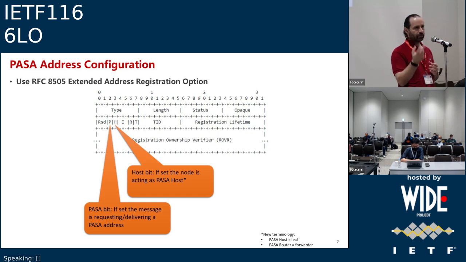Either a PASA router or a PASA host, which is basically a host that is not forwarding packets, so in the tree that we build it is a leaf. PASA routers are nodes in the middle that do forward packets in a stateless manner, so we need to know this role. So with these 2 bits, we are signaling that we would like to obtain a PASA address, and we say which role we are playing.